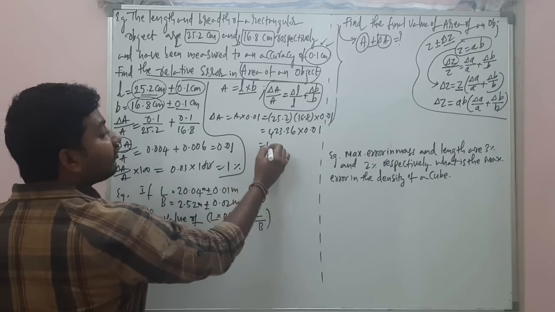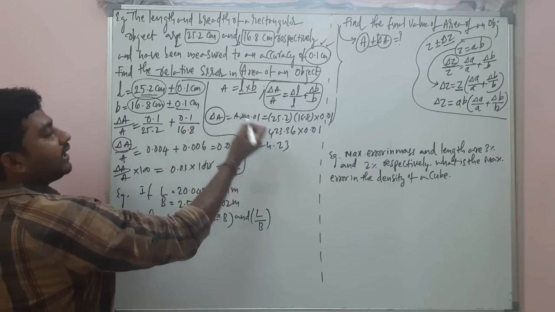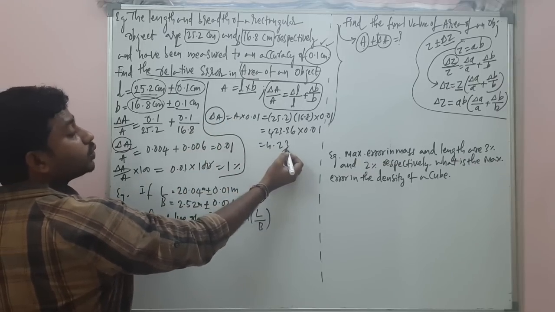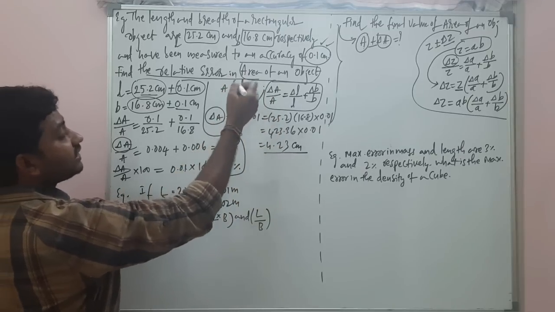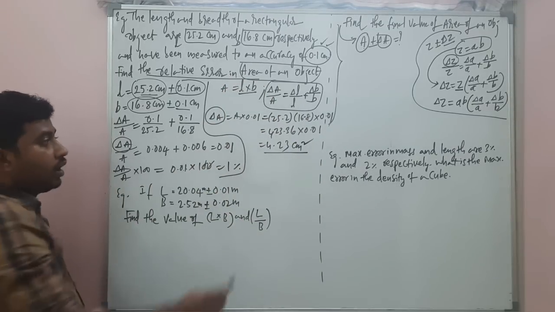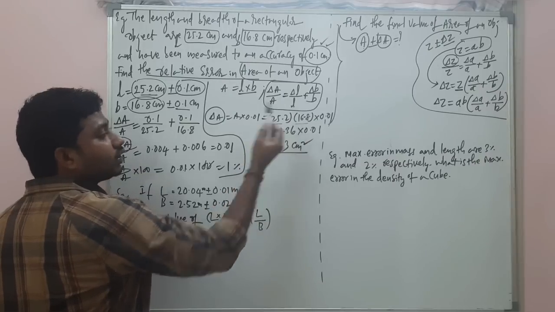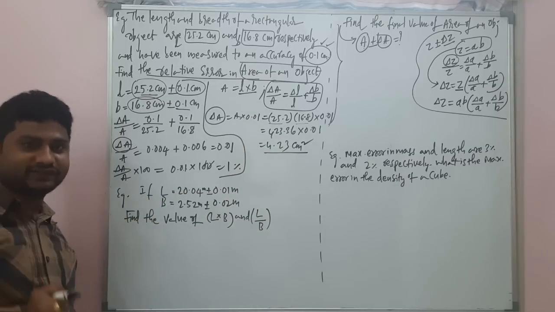It is 4.23. So delta A is 4.23 centimeters, because everything is in centimeters. Here it is centimeter square because it is area. Because here centimeter is there and here also centimeter is there. Centimeter square. Delta A is finished.